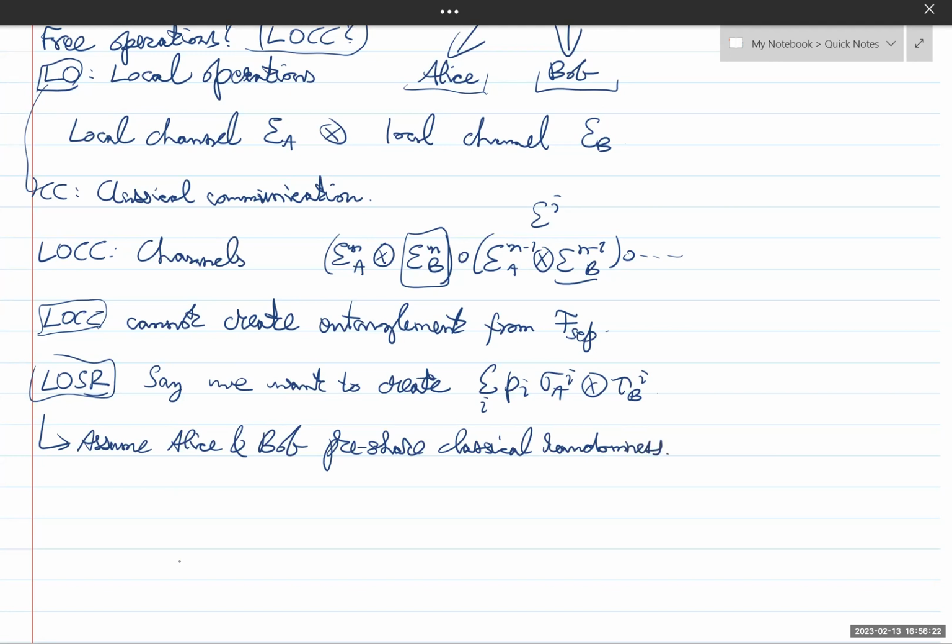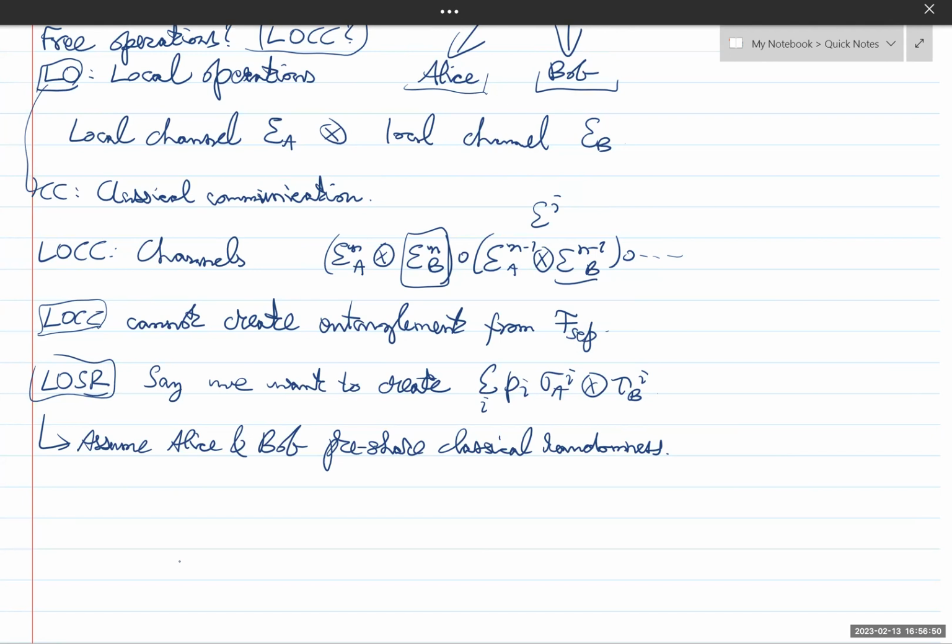So with any of this stuff, whenever we say can LOCC do this, can LOSR do this, we're assuming that before the whole protocol begins, Alice and Bob can first meet and discuss a strategy beforehand, and they know what their task is going to be, right?